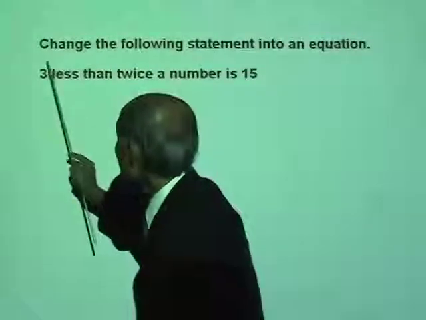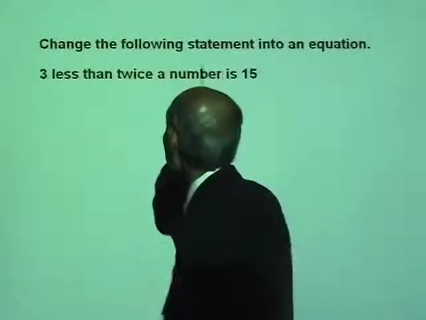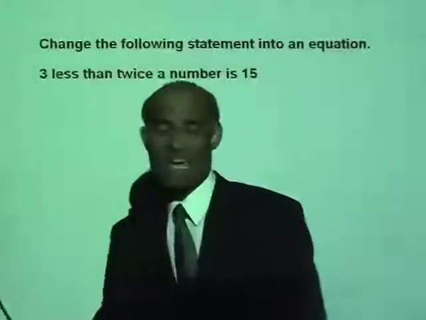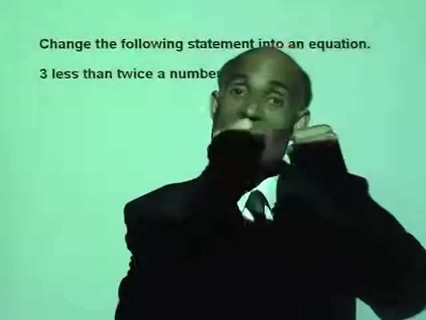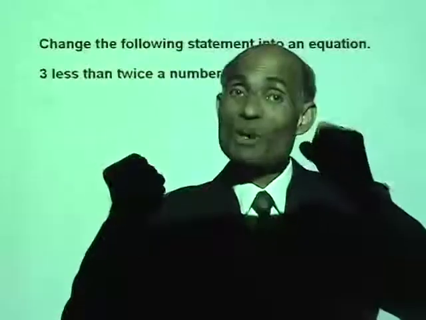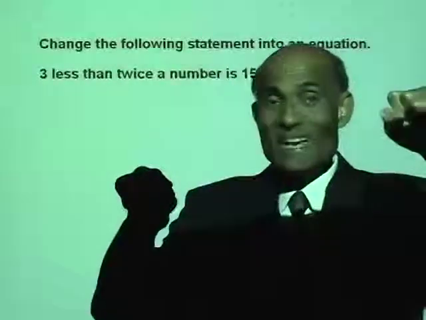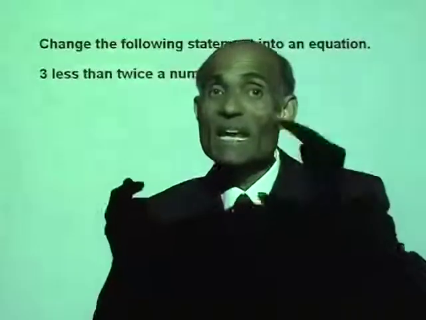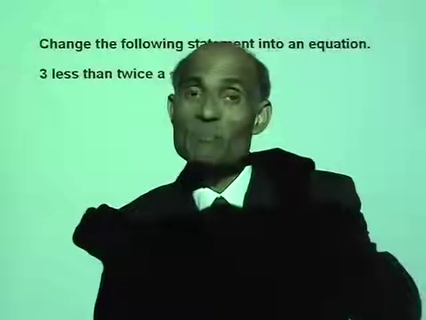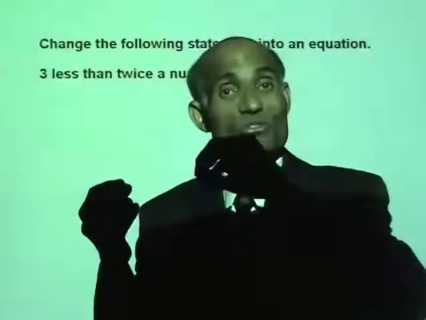Can you first of all tell me what is this quantity? 3 less than twice a number. See, 3 less means 3 take away. Take away from what? From twice a number, 2x. So 3 less than twice a number is 2x minus 3.